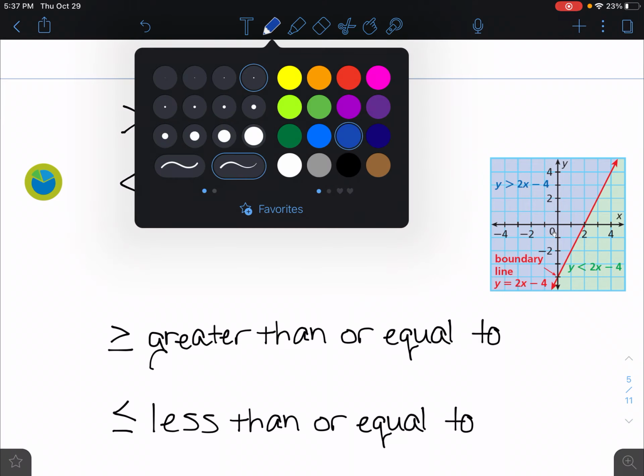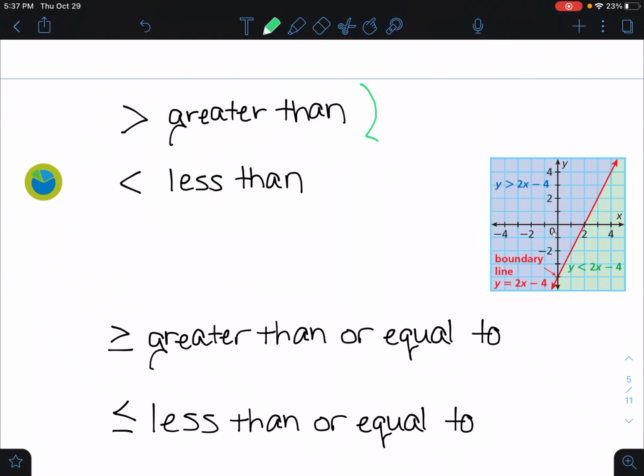Here, what we're going to do, if it's greater than or less than, then you can see there's no or equal to. So that boundary line will not be included. So then what you're going to do to indicate that it's not included is you're going to do a dashed line.